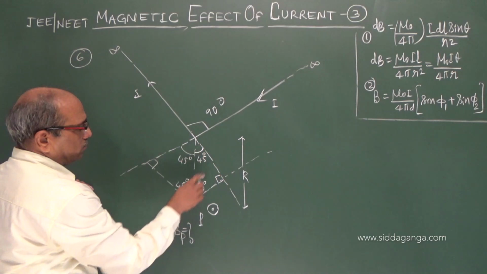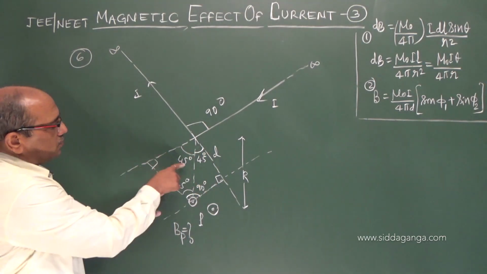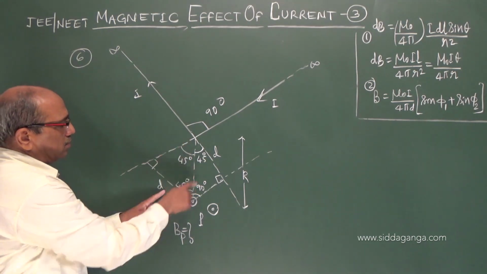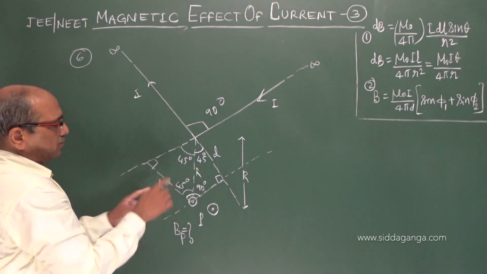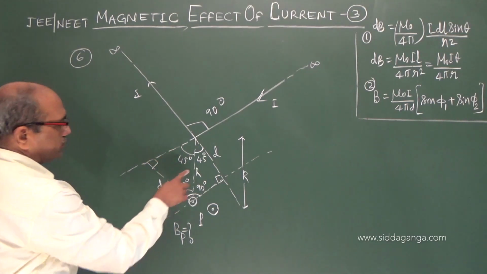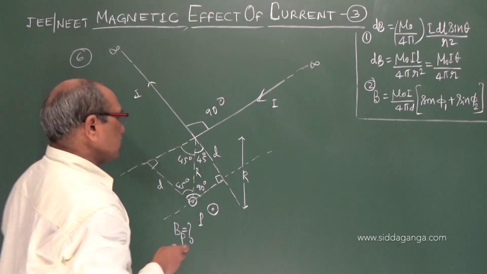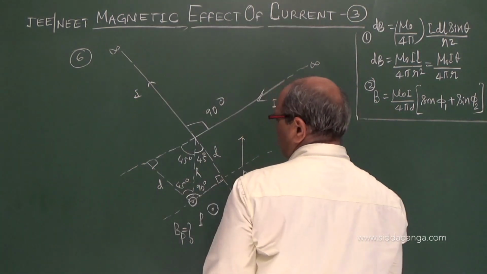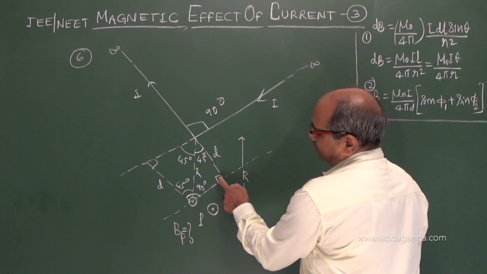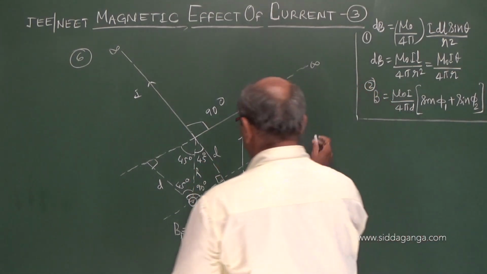R is given, we have to find the value of D. If you want D, it is R, with 45 degree and 90 degree, D is the opposite side. So D by R is sin 45.